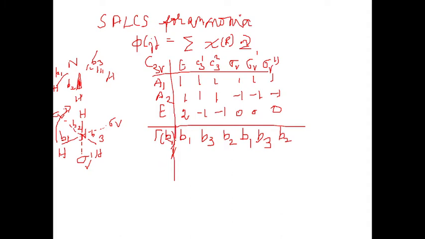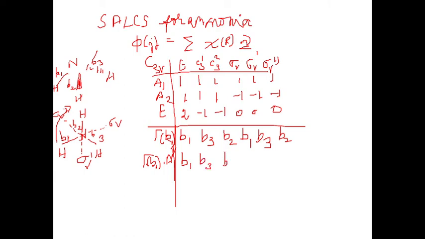Now by using the projection formula, what I have to find is the product of this B1 with the character. Now I have to multiply with A1. So what is it I have to do? I have to multiply this B1 with A1. So it is B1 into 1, that is B1. B3 into 1, that is B3.